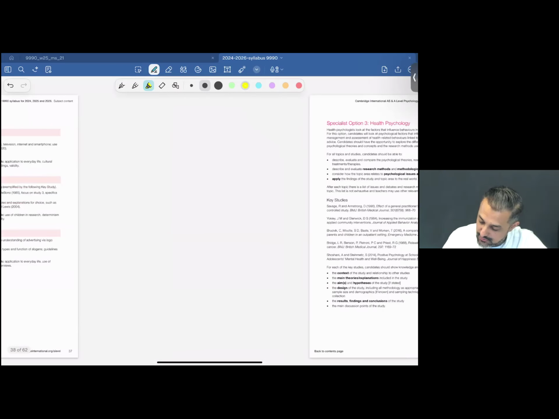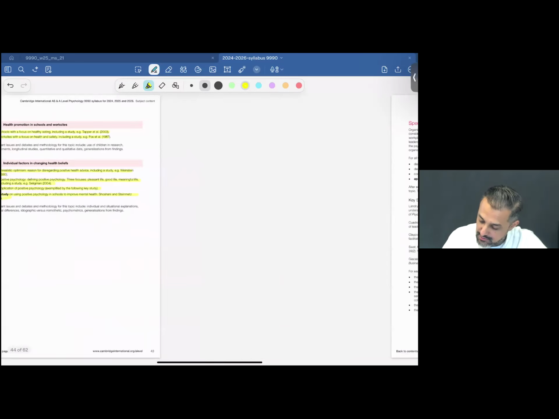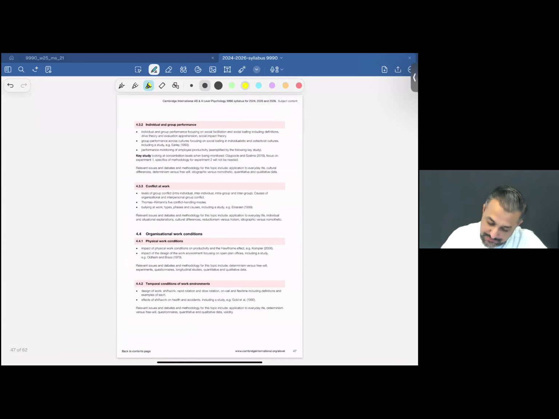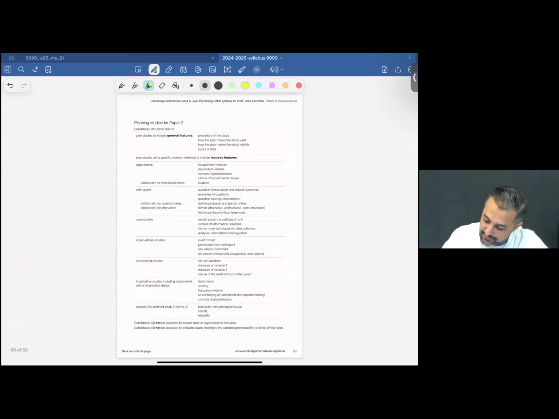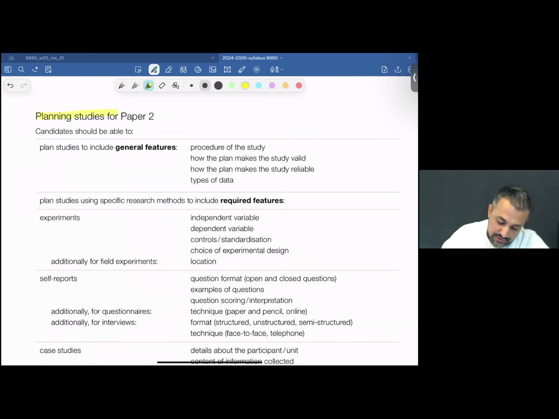Now, let's quickly get to page number 50 so that I could show it to you. Step number 1 for these questions, see, this is page number 50. This is the planning study question. Planned studies should include these general features. In other words, any question that you're getting should include all of this. 1, 2, 3, 4. 1, procedure of the study. Number 2, how the plan makes the study valid.